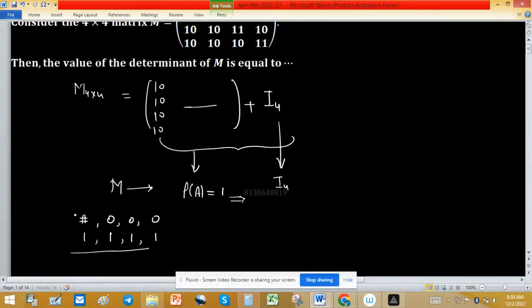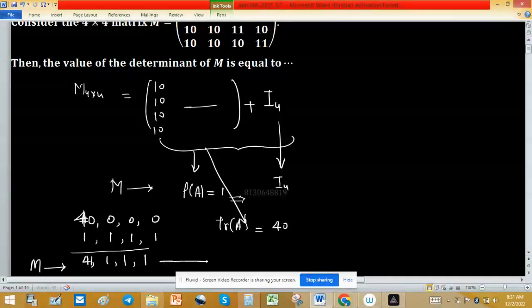So now the problem is that you have to find this non-zero eigenvalue. If you find the trace of matrix A, the trace will be 40, and the sum of all eigenvalues gives you the trace. So the non-zero eigenvalue is 40. So the eigenvalues of M are 41, 1, 1, 1, and the product of these eigenvalues is 41.